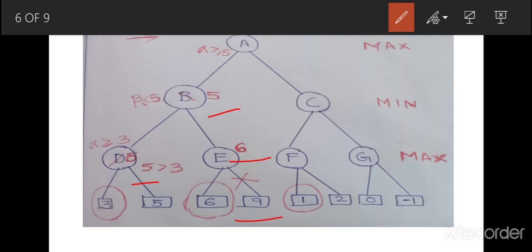Then that value is passed to node A. What is the condition there? Alpha should be greater than or equal to 5. Then by traversing we reach 1. Then the maximum of 1 and 2. What is the maximum of 1 and 2? 2.